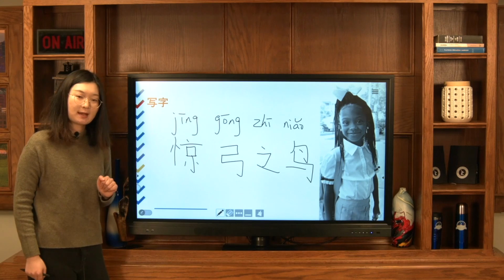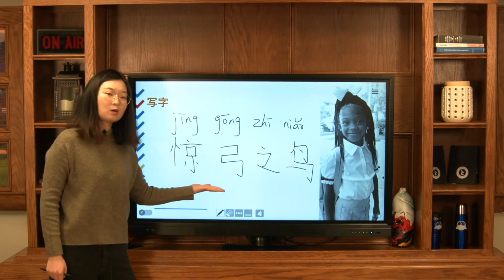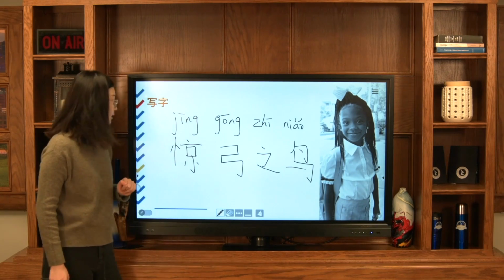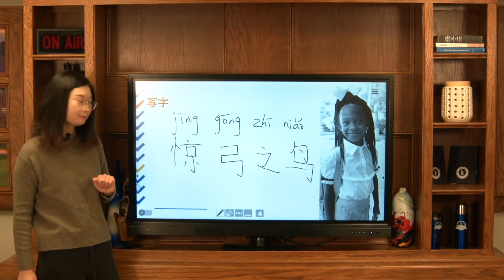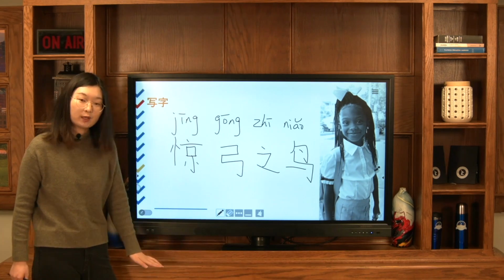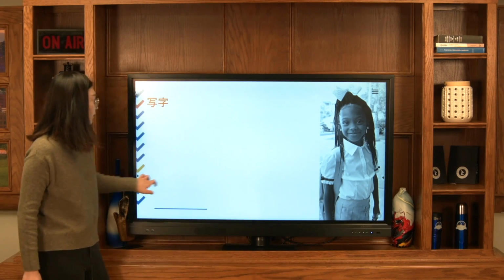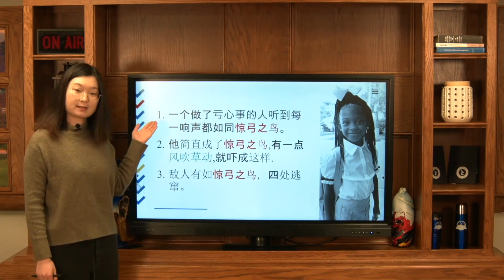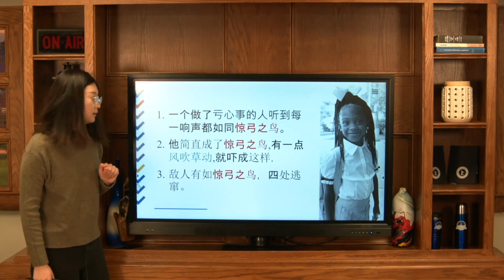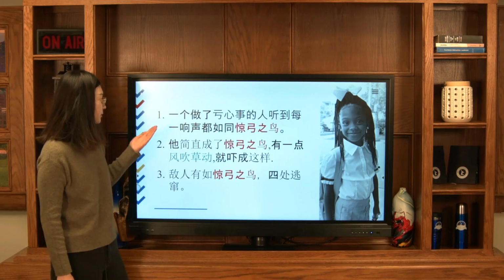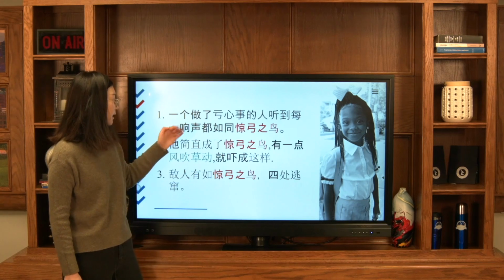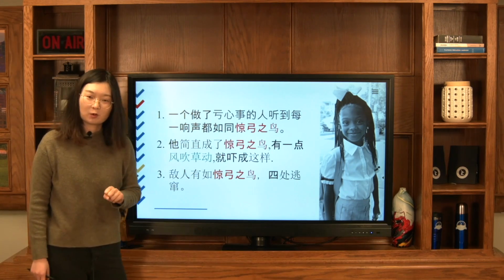Okay, after me together. 惊弓之鸟. Let's take a look at how we use it in a sentence. First example: 一个做了亏心事的人听到每一响声都如同惊弓之鸟.